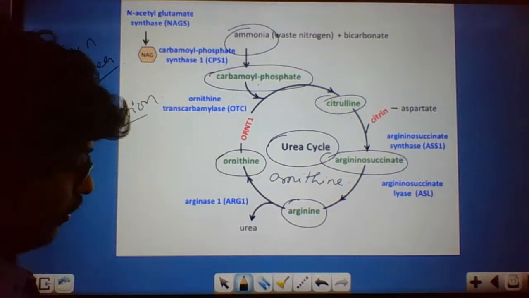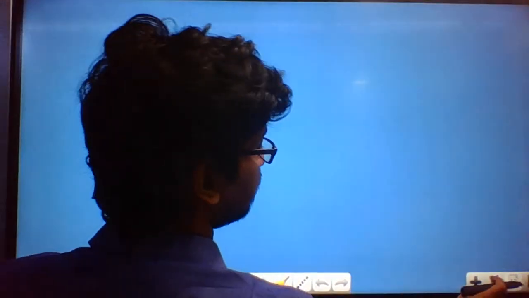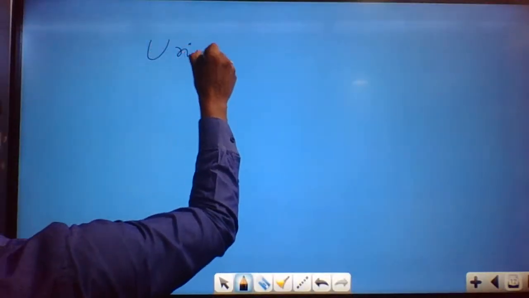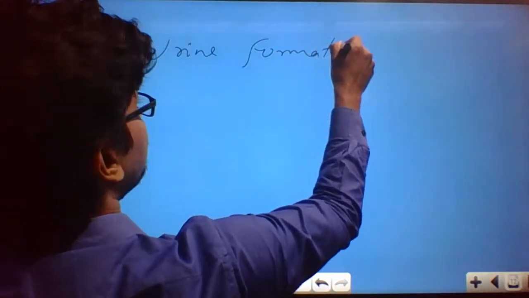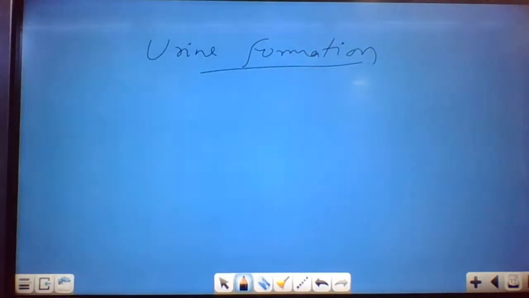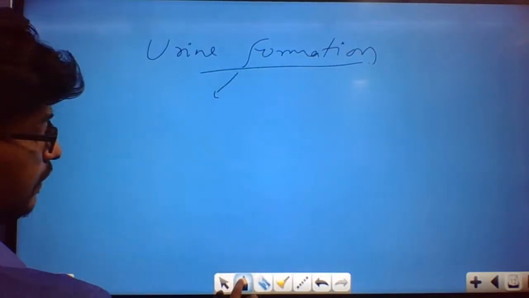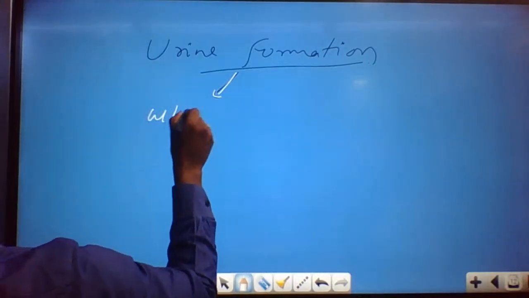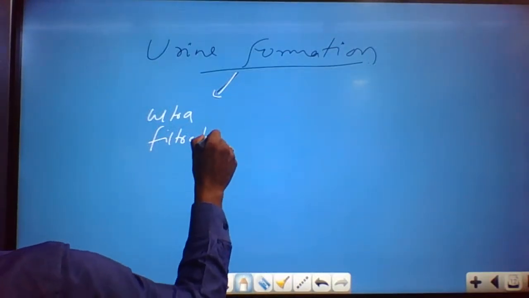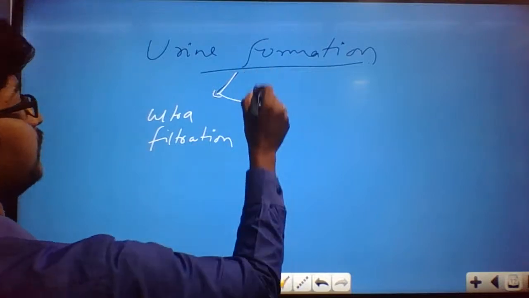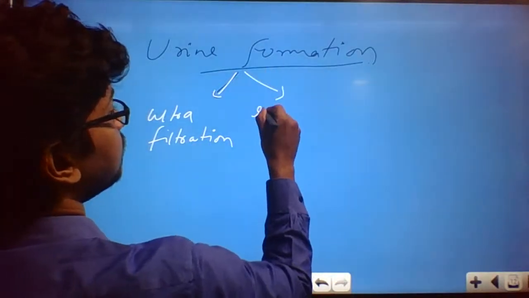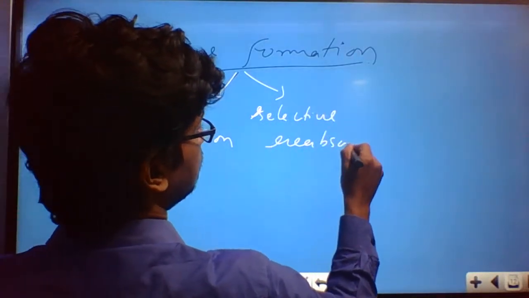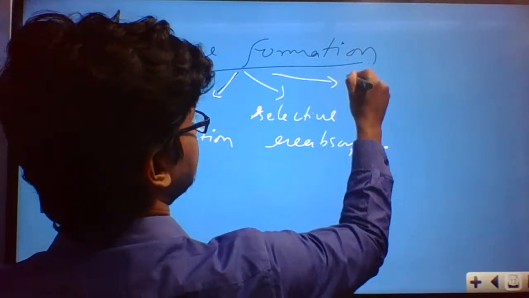Okay, next we move on to urine formation. Urine formation occurs by means of three stages. Here the three stages are ultrafiltration, which we already discussed, then selective reabsorption, and tubular secretion.